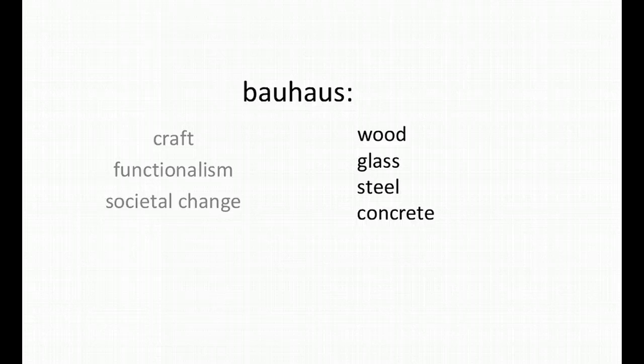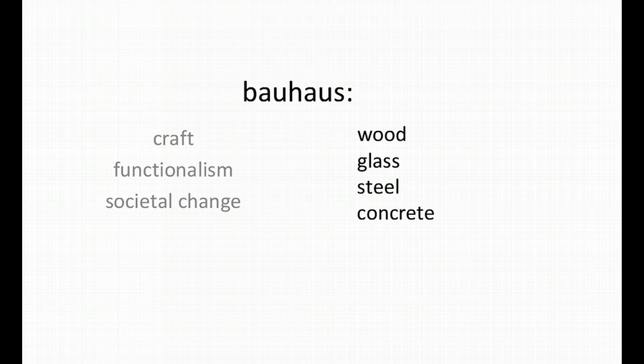It was very interested in the idea of functionalism, and it was very interested in the idea of craft and art becoming the tools for social change or societal change. They privileged materials that were, they believed, prime, as in they could not be broken down any farther. And that involves wood, glass, steel, and concrete.